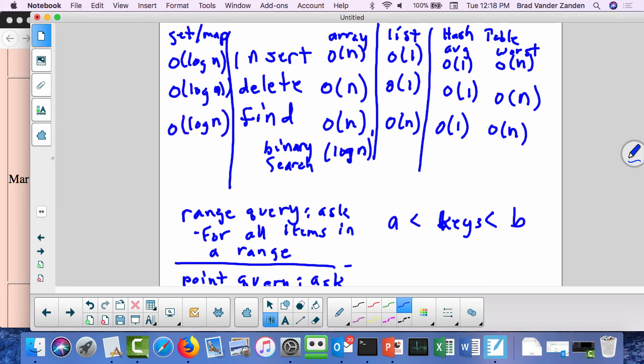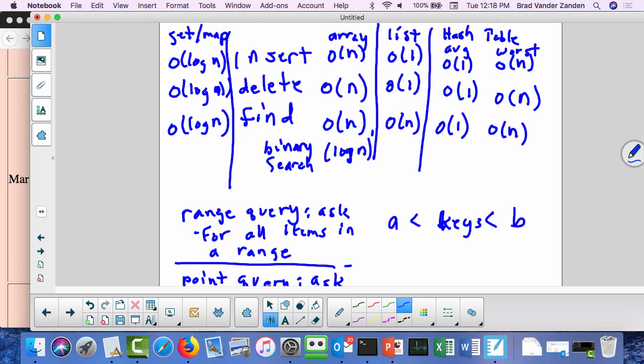Now, some of the things we look at, their worst case will actually also be log n, whereas for a hash table, the worst case is order n. But in practice, unless you've really messed up, hash tables don't have order n performance. They have constant time performance. So sets and maps aren't going to do as well as hash tables in general. They will take a little longer.